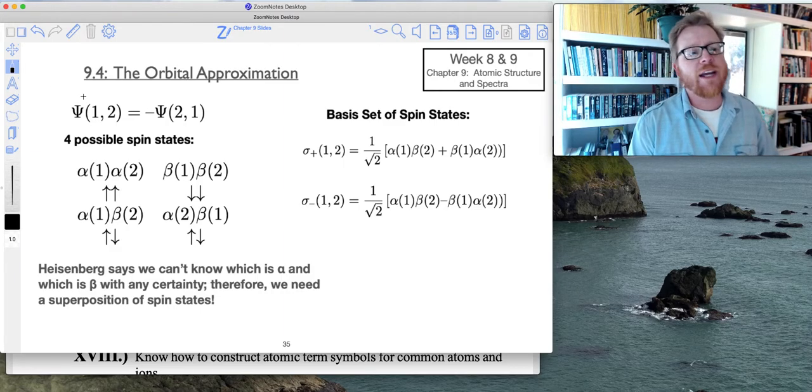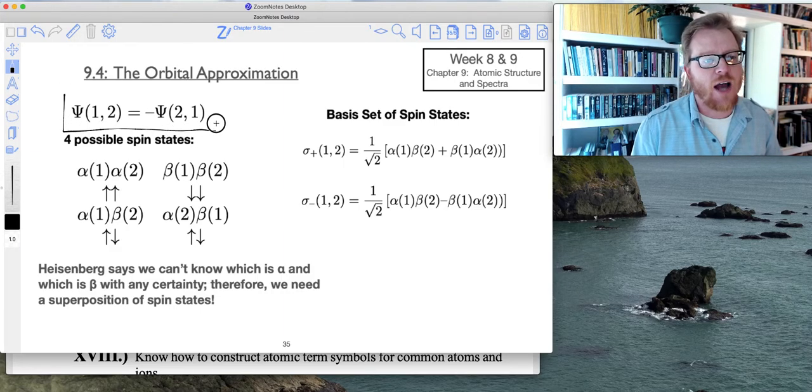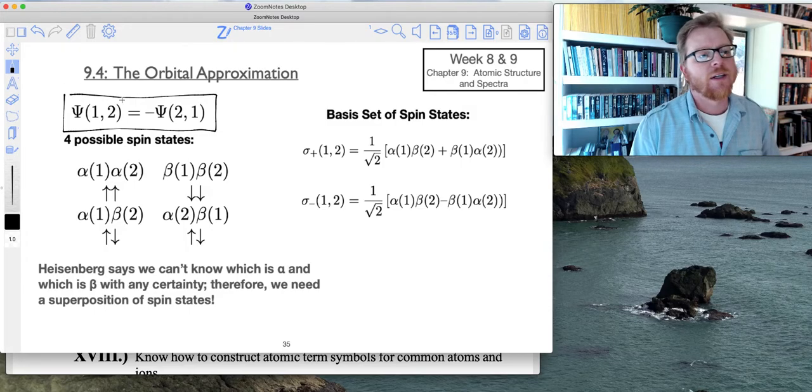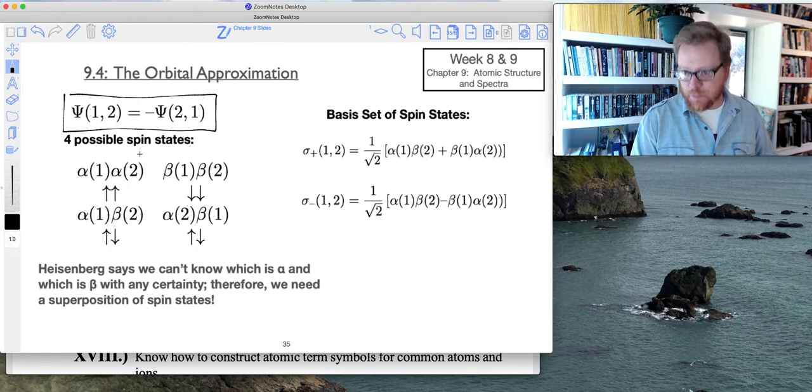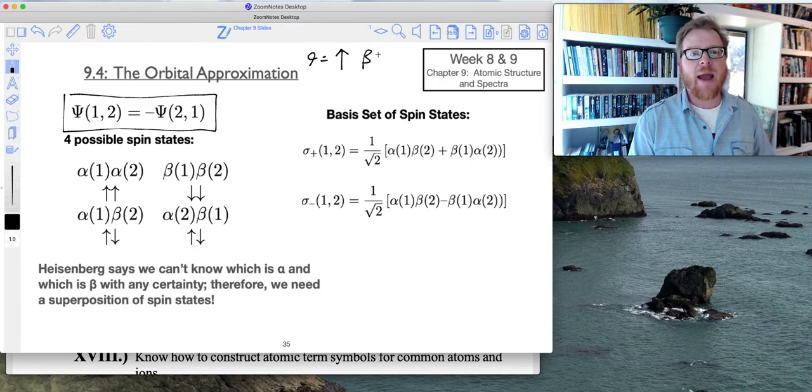So when we look at this situation, psi(1,2) equals negative psi(2,1), we actually will get 4 possible spin states. Just so we're clear on my nomenclature, alpha corresponds to a spin up electron. Beta corresponds to a spin down electron.